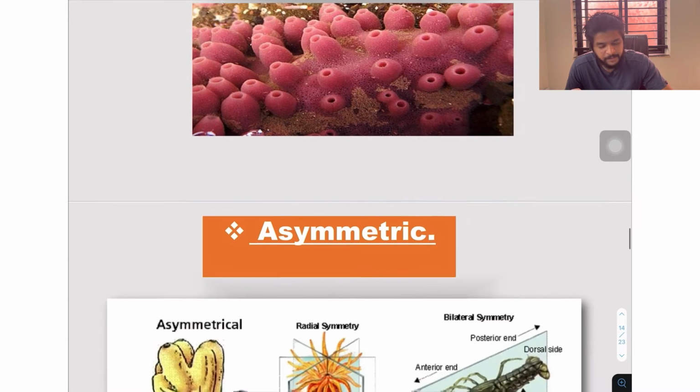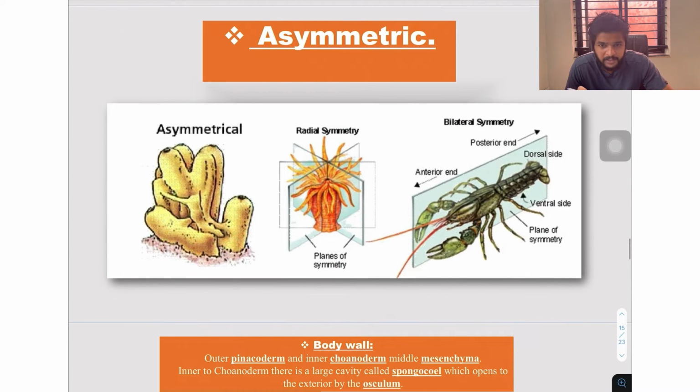Second one is asymmetric. Yesterday I discussed body symmetry, that is bilateral symmetry and radial symmetry. Bilateral symmetry is a type of symmetry where, when an organism is cut in only one plane passing through the center, you get two equal parts, and such a body is called a bilaterally symmetric body.